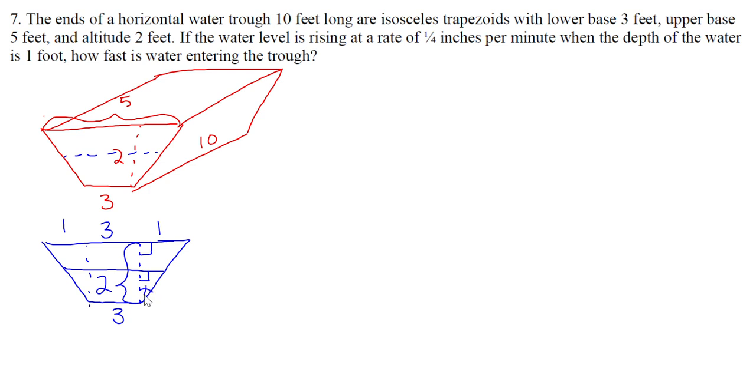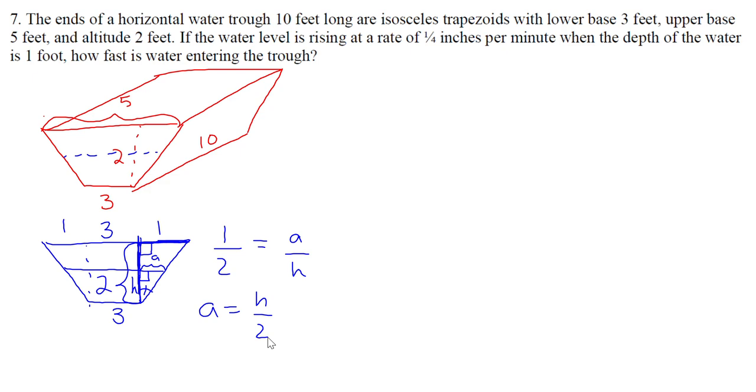And so we should be able to say that whatever this little distance here is, I'm going to call it A, that 1, and I'm going to call this little height here H, that 1 to 2, the ratio from this leg of the right triangle to this leg of the right triangle, should be equal to the A to H ratio, which tells me that A is equal to H over 2.